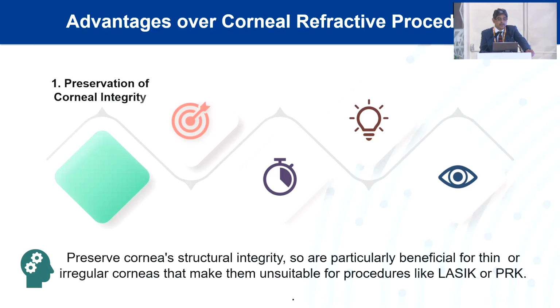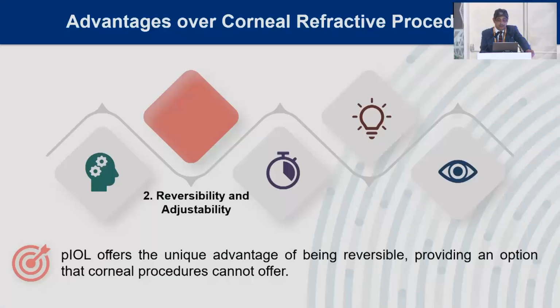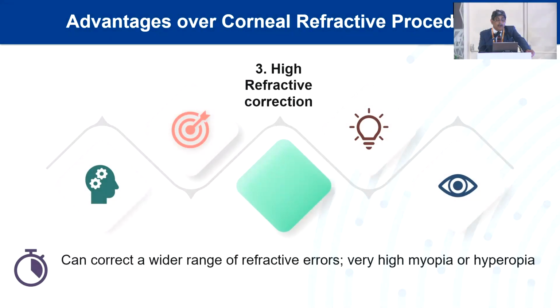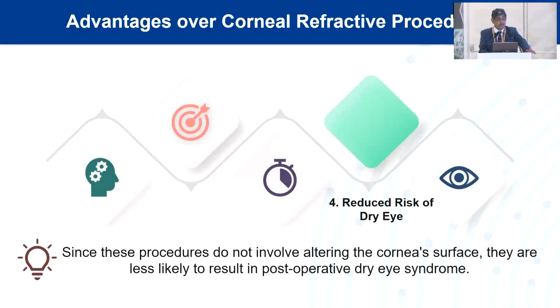If the cornea is not suitable, in such cases we should do ICL, and this is a reversible procedure, and maybe due to some reason it gives us an option to reverse it, to explant it, or to exchange it. And we can correct high refractive errors, like with LASIK we can correct up to 6 to 7 or 8 diopters maximally, but here we can correct up to 18 diopters, and with some lenses we can correct up to 25, 26 diopters, or maybe we can do bioptics to correct the refractive error.